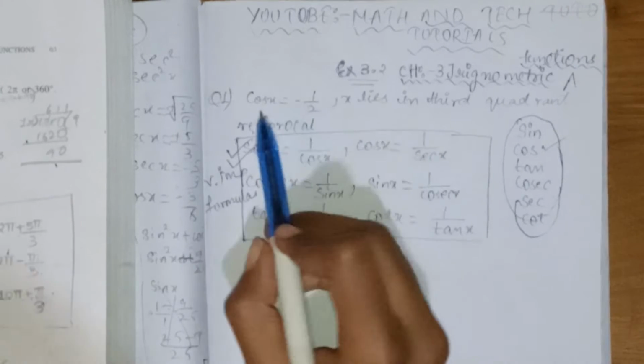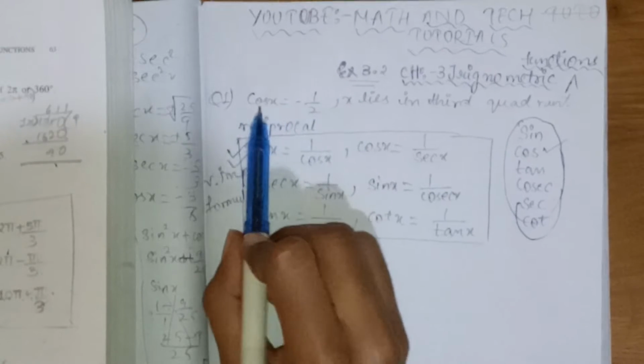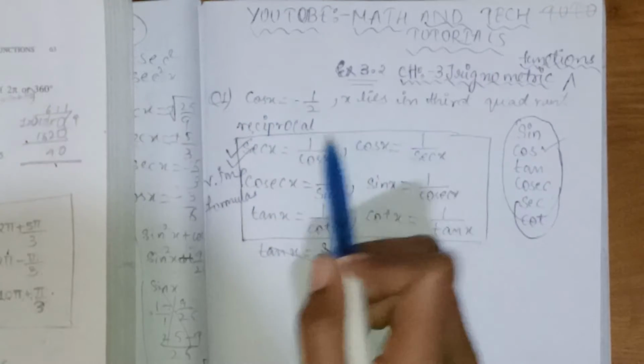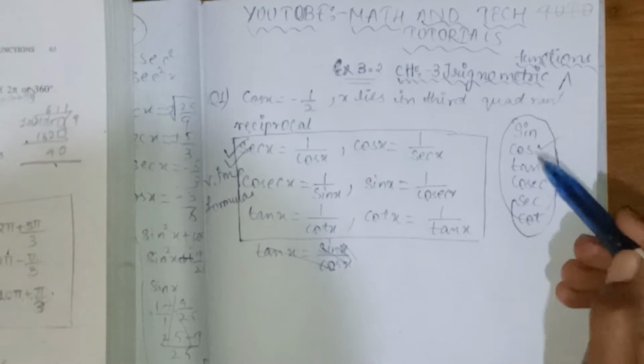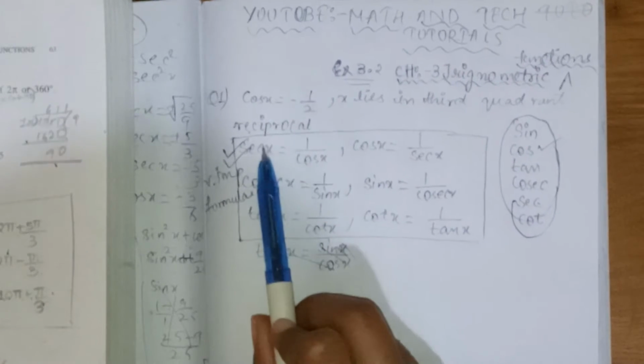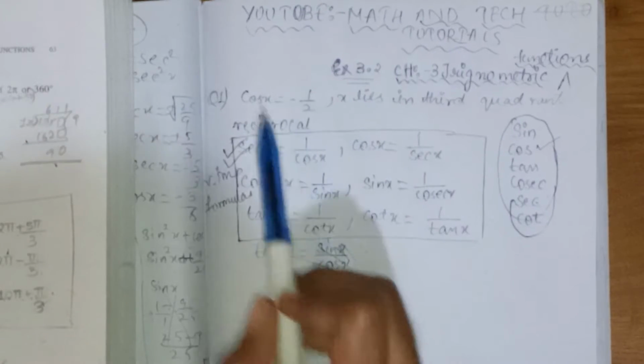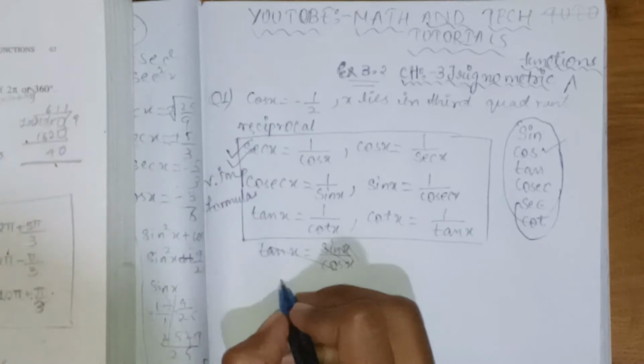As we know, they have given the cos value, that is minus 1 by 2. So we need to find the values of sine, tan, cosecant, secant, cot. Secant x we can find if we know the value of cos x, and they have already given the value of cos x here, so we can easily find it.